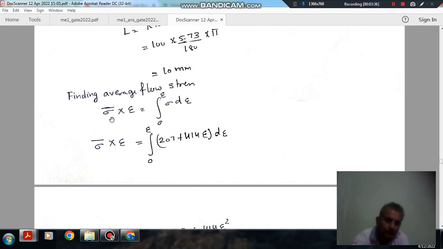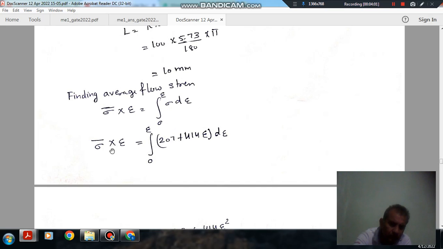Okay, so to find out the average flow stress, integrate within limit 0 to epsilon, and equate it equal to sigma bar into epsilon. If sigma bar is the mean stress that is acting on the workpiece, then it is the work done or the energy stored. And here the sigma is variable.